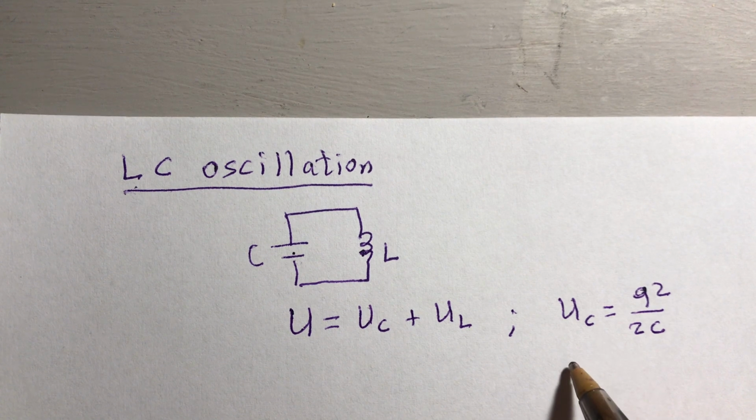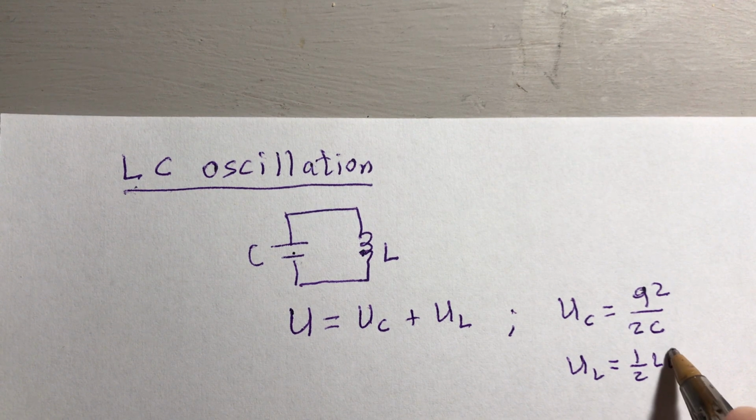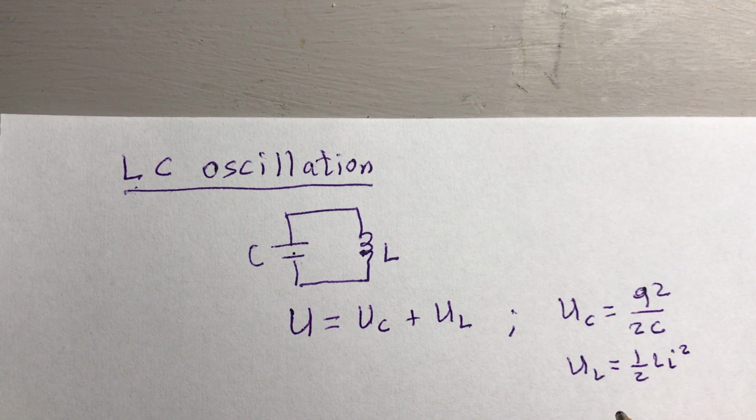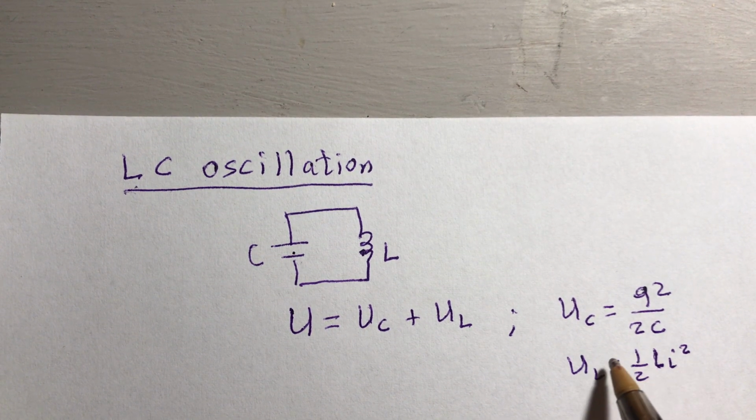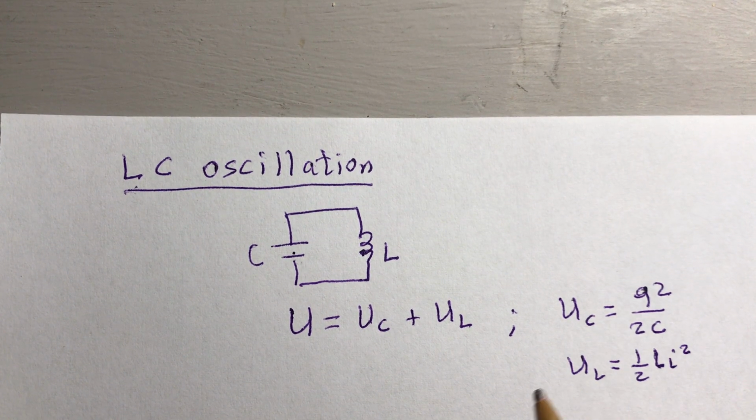And UL is the energy of the inductor, which we just studied like one video back. You can find it in one or two videos back. This is the energy stored in the inductor. This is the energy stored in the capacitor. So we take these two energies and we put them here.